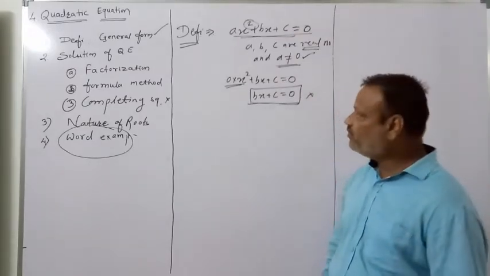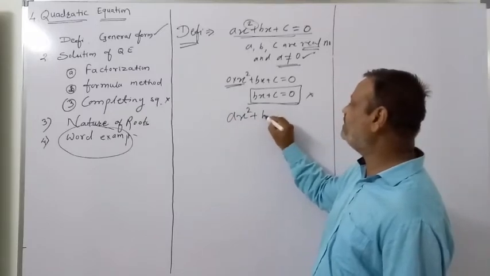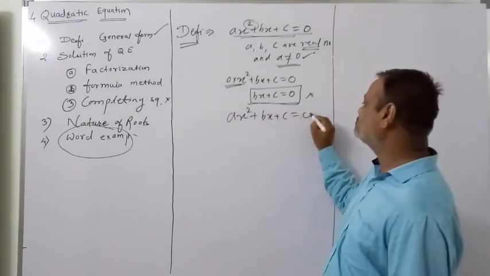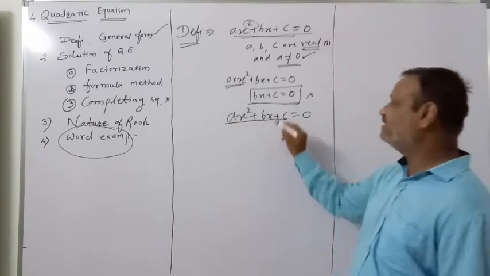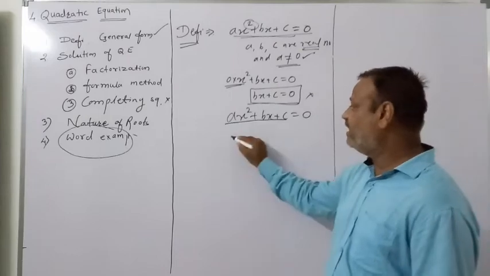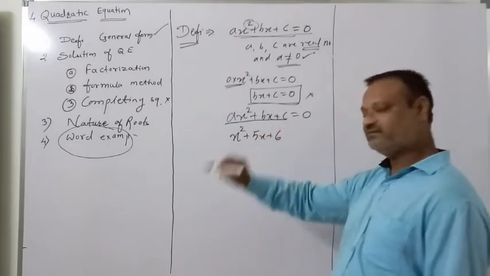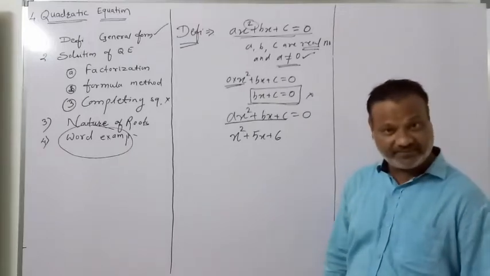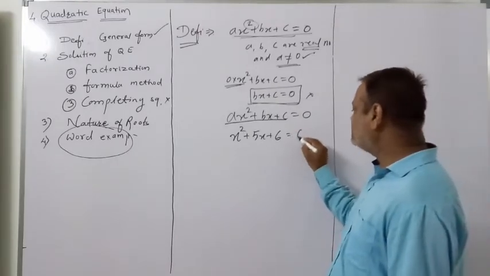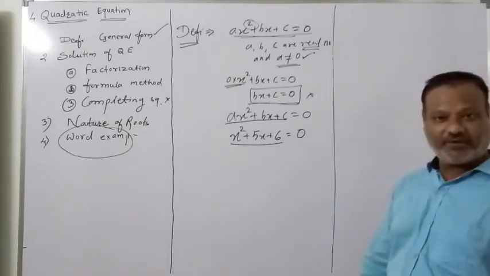Now the quadratic equation is ax square plus bx plus c is equals to 0. For example, x square plus 5x plus 6 is a quadratic polynomial. Now we consider this equals to 0. Can we factorize this quadratic polynomial?